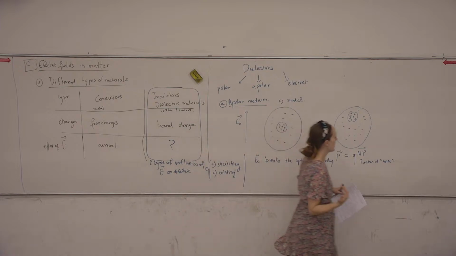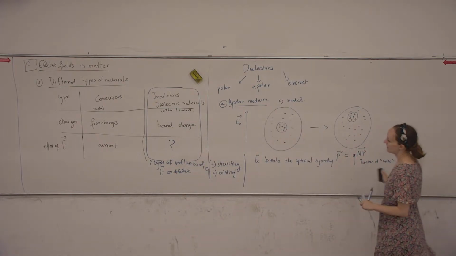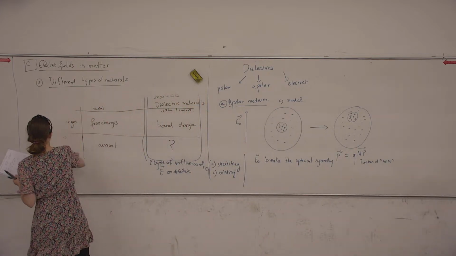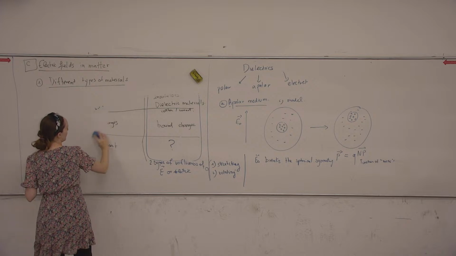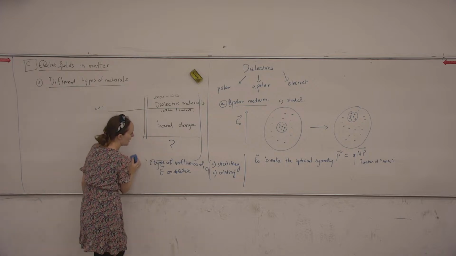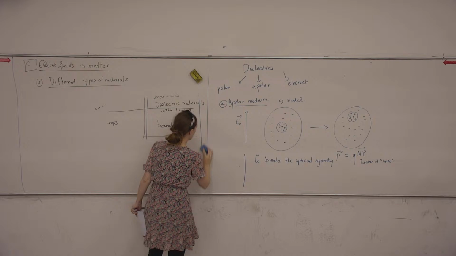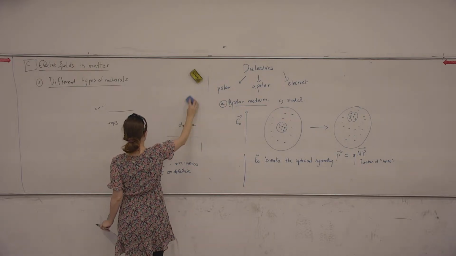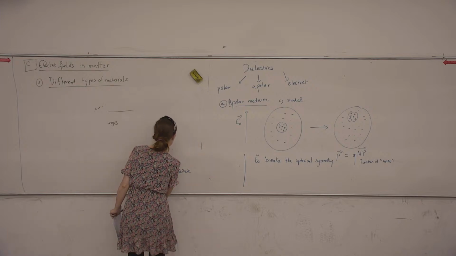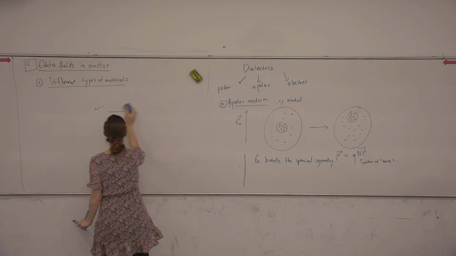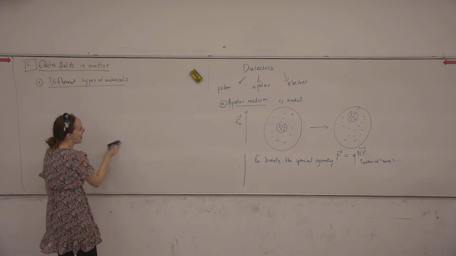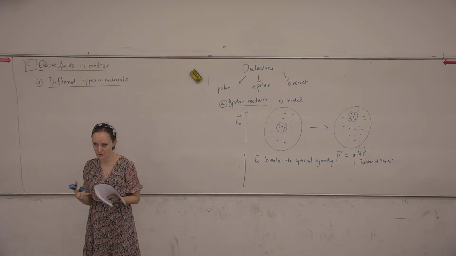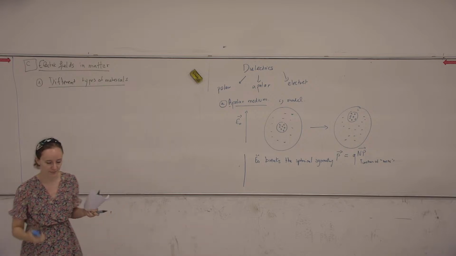This was kind of a qualitative definition, but I want to quantify the response of an apolar medium to an electric field. The way I'm doing it is with a parameter called the atomic polarizability, which tells me how much the matter or the atom resists the influence of the field E.